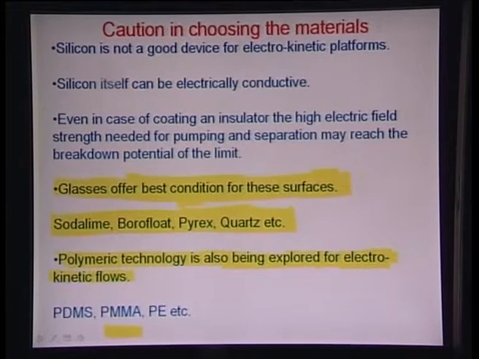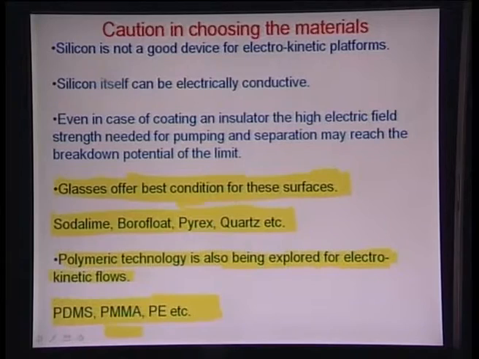Polymer technology is also being explored for electrokinetic flows, especially materials which can change or get oxidized on exposure to gas plasmas, like PDMS, PMMA, polyethylene. These are some polymeric materials which can form silanol kind of bonds, SiOH bonds, on their surface on exposure to some gas plasma systems.